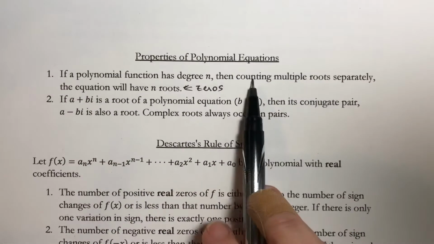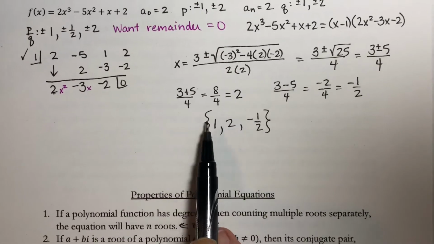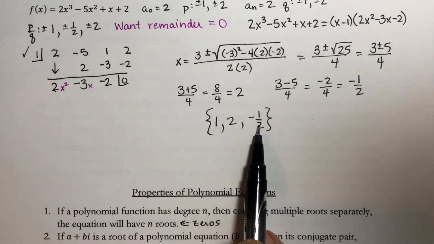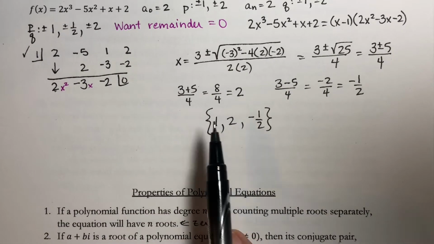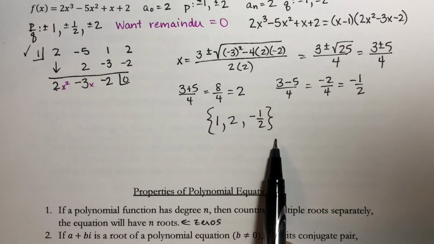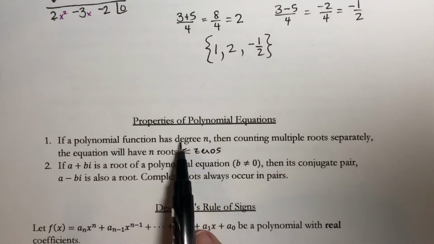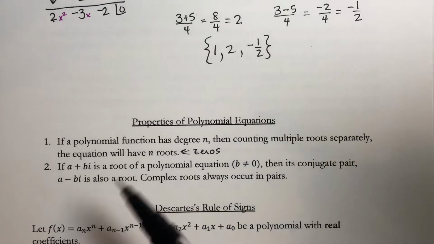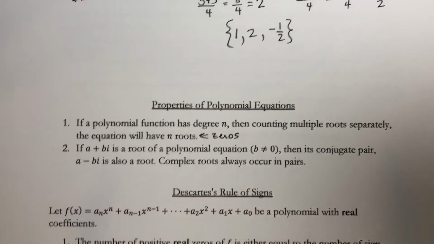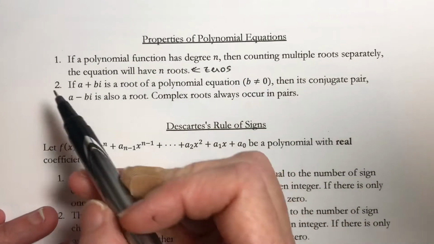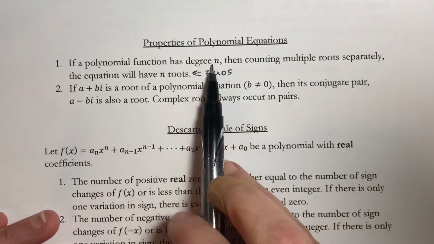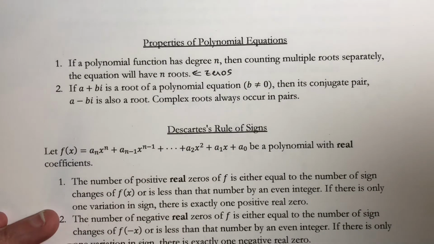Remember, if we count multiple roots separately, imagine that I got 1 and then 1 again and -1/2. We would count that separately when checking the degree, but you would only need to list the answer once. Whatever the degree is, that's how many answers I expect to get, not how many rational answers, just the number of answers, period.